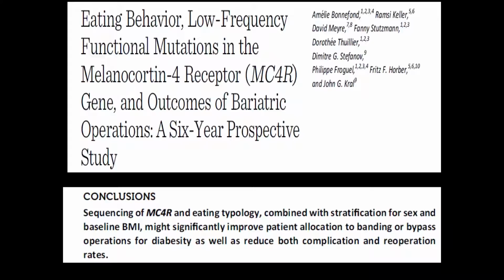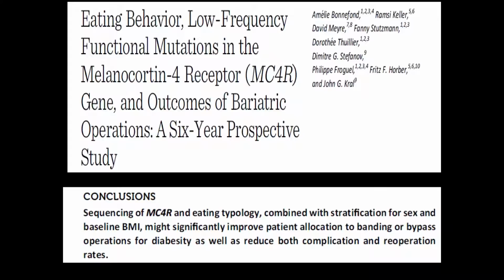And we found that knowing the presence of an MC4 receptor mutation and knowing abnormalities in behavior is quite important to predict the success of bariatric surgery, and especially the outcome in terms of complications of the surgery.